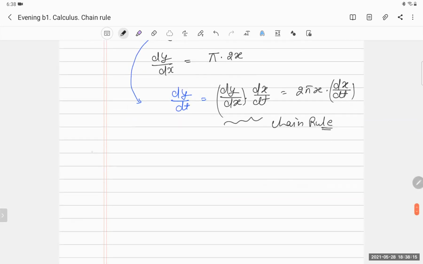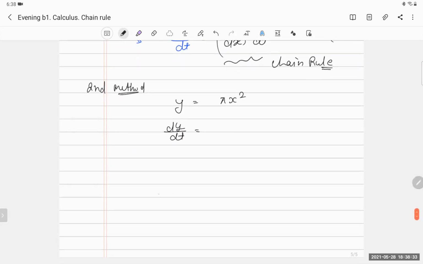Now one more method, the second method of solving the same equation. If I give you y equal to pi x square and I need to find dy by dt, how do I do it? I know my function: pi into x square. Pi is constant, I will put it here.